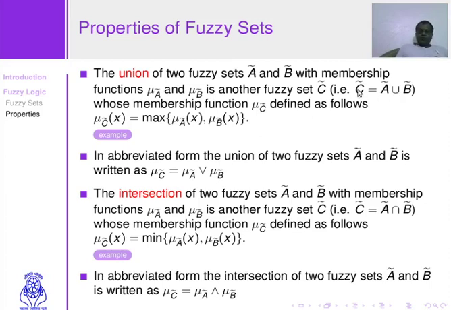A fuzzy set C is the union of fuzzy set A and fuzzy set B, and its membership function is defined as follows. The membership function for fuzzy set C is obtained with the help of this mathematical equation, that is, the maximum of the two values is taken as the degree of membership for the resultant fuzzy set.